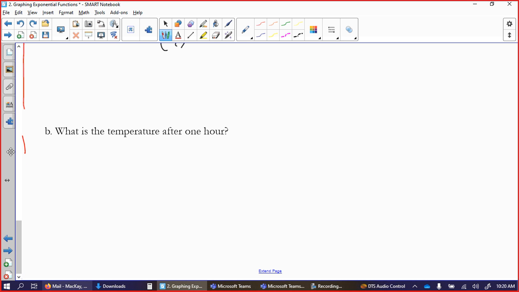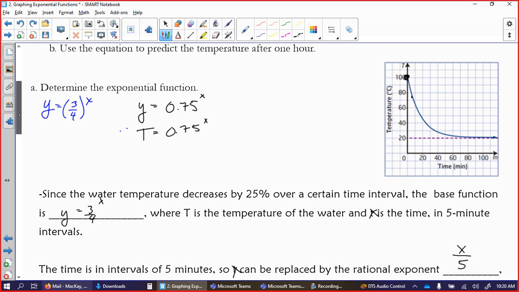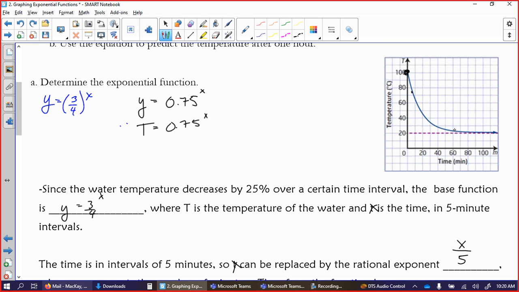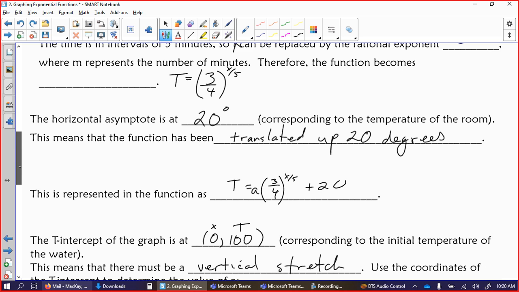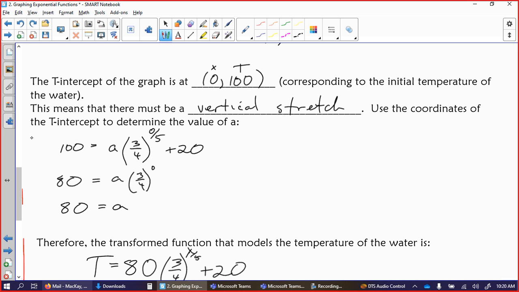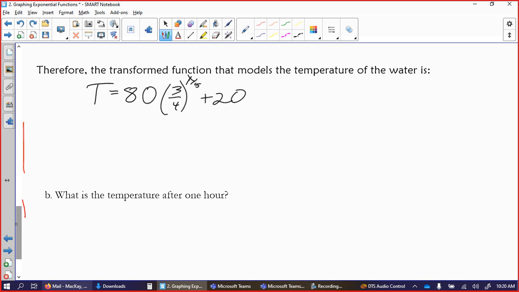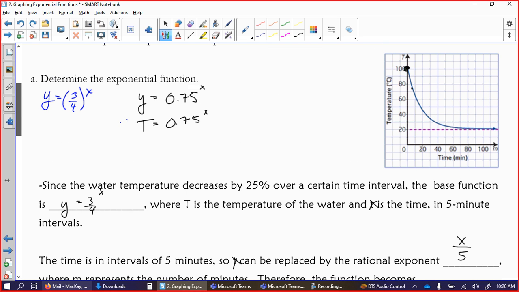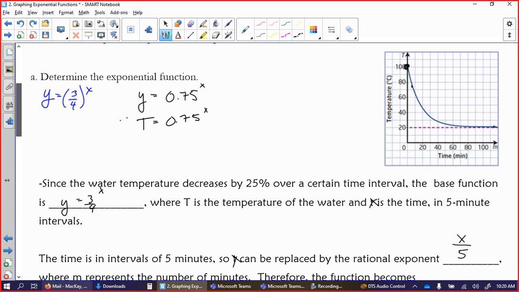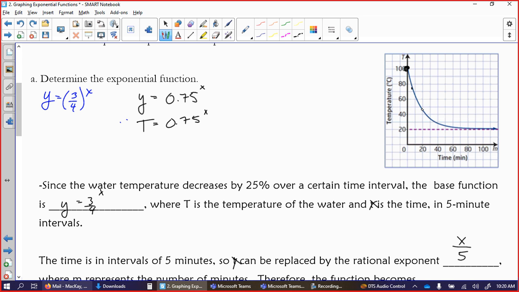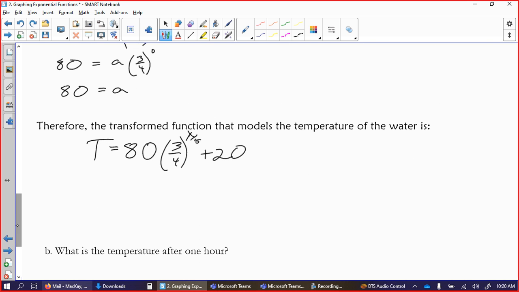After an hour is going to be right there. Let's just take a look. 20 minutes, I can see, is going to be 43. Let's see if that's going to work out, give or take.